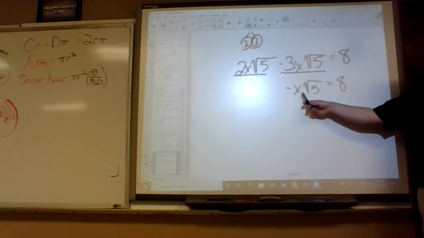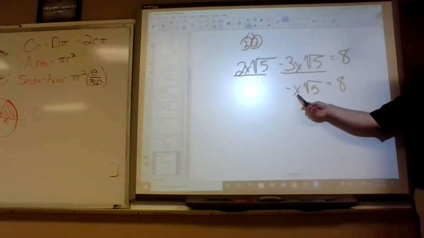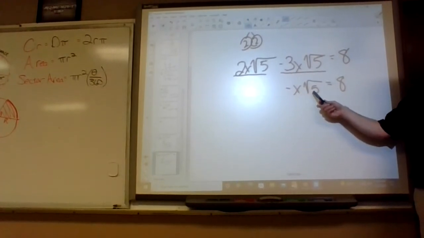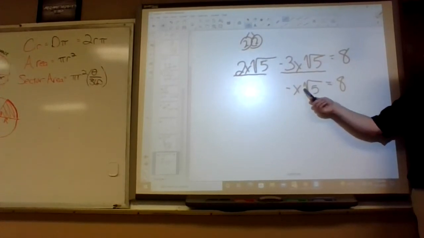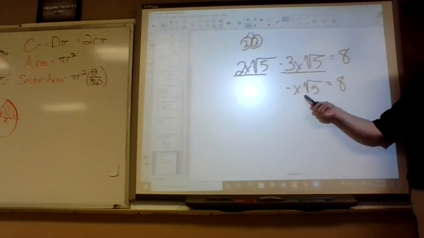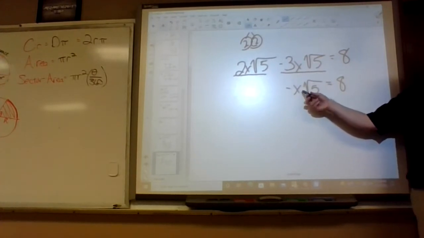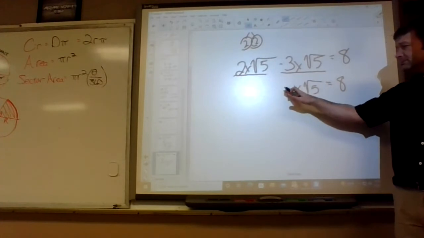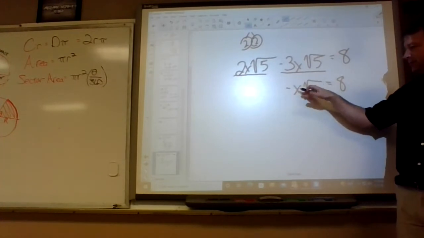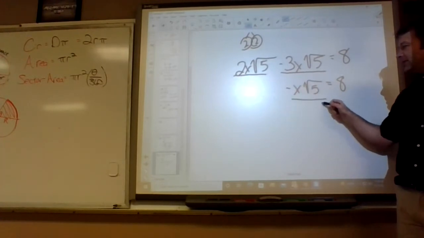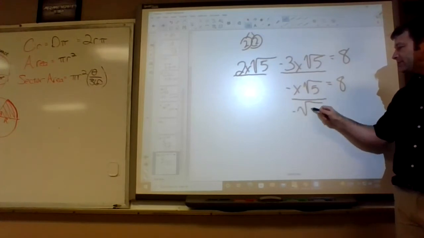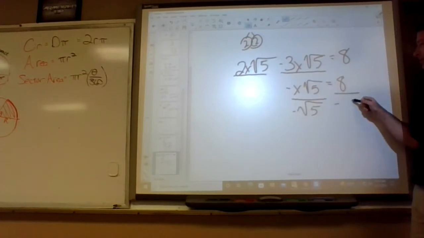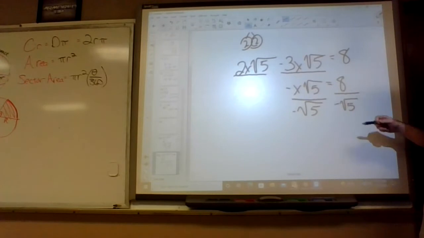Okay, how do I solve this for x? How do I get x by itself? What's happening between the x and the square root of 5 here? Yeah, it's multiplied by square root of 5. So I need to divide by square root of 5, but what about that negative? It's kind of like a negative 1, so we need to divide by negative square root of 5. We need to get rid of it.